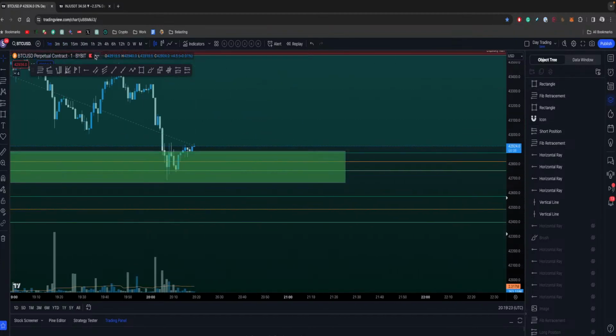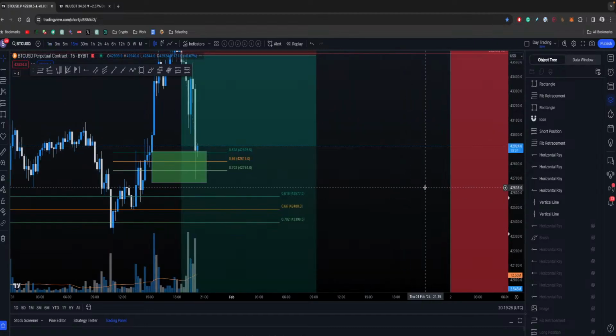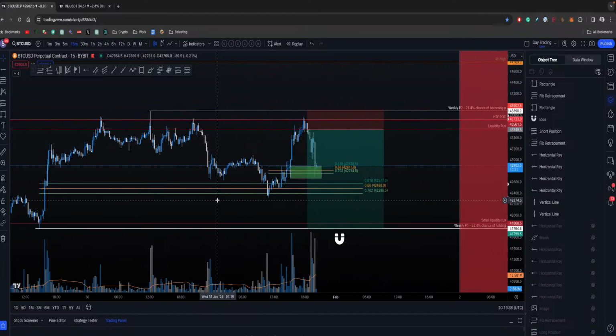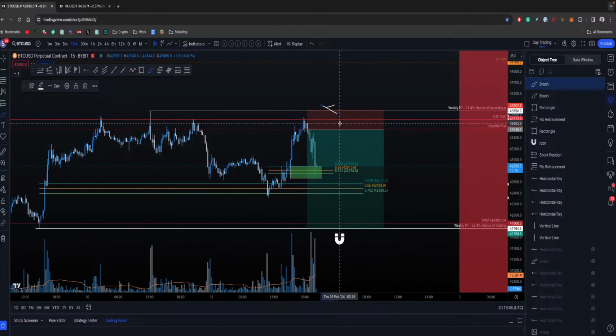But I wouldn't take it now, but it's definitely an area worth looking at. This one would be a hedge for the short, right? So I would be looking to target this then. It's also not a weird idea.